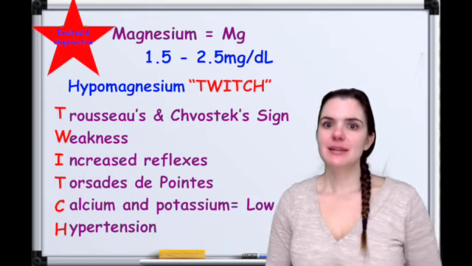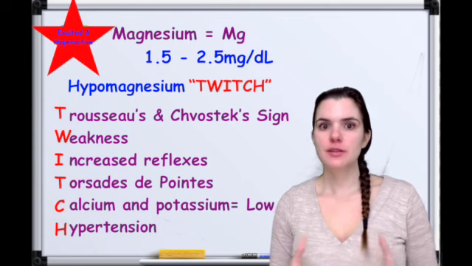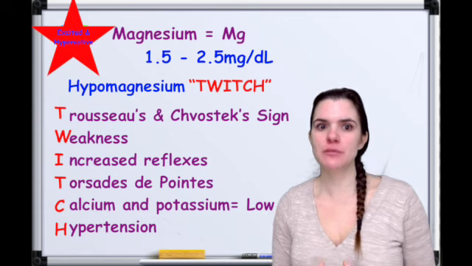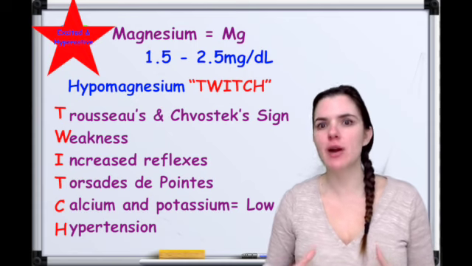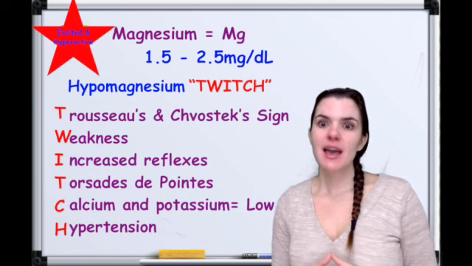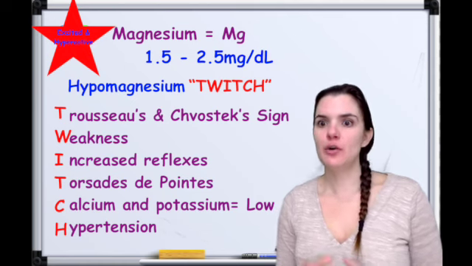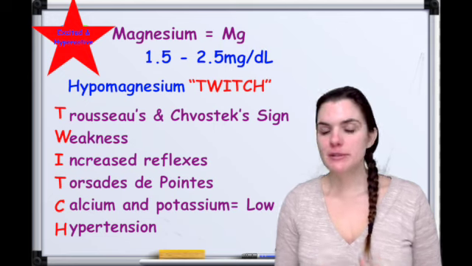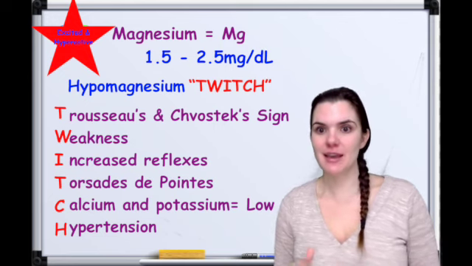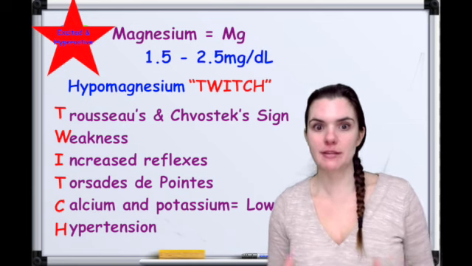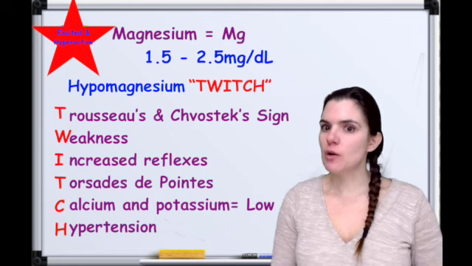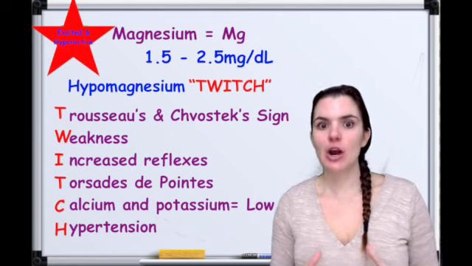Now let's talk about the signs and symptoms of low magnesium. So with this, you want to remember the word TWITCH, because everything in this patient is going to be really excited. It's going to be hyperactive. So T is for Trousseau's and Chvostek's signs, and this is related to also having low calcium levels. W is for weakness. I is for increased deep tendon reflexes. Again, everything is going to be hyperactive. T is for torsades de pointes, and this is an abnormal heart rhythm that can lead to sudden cardiac death.